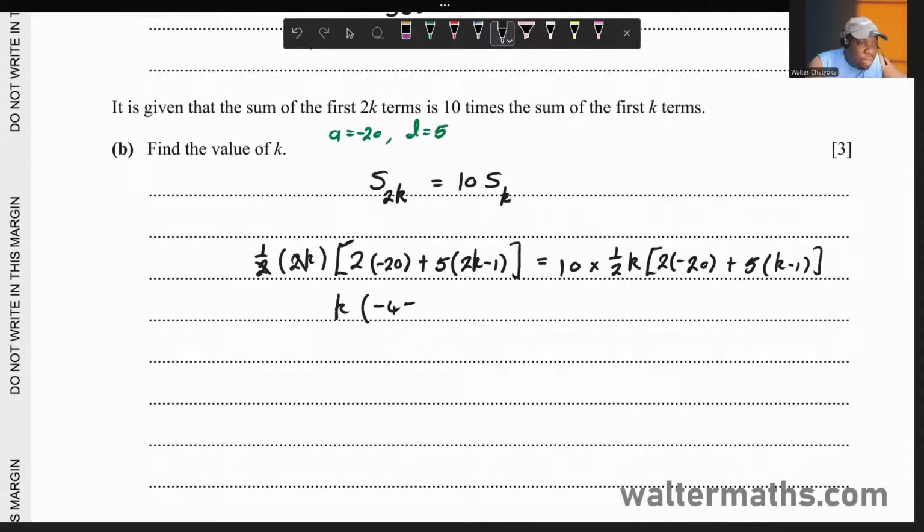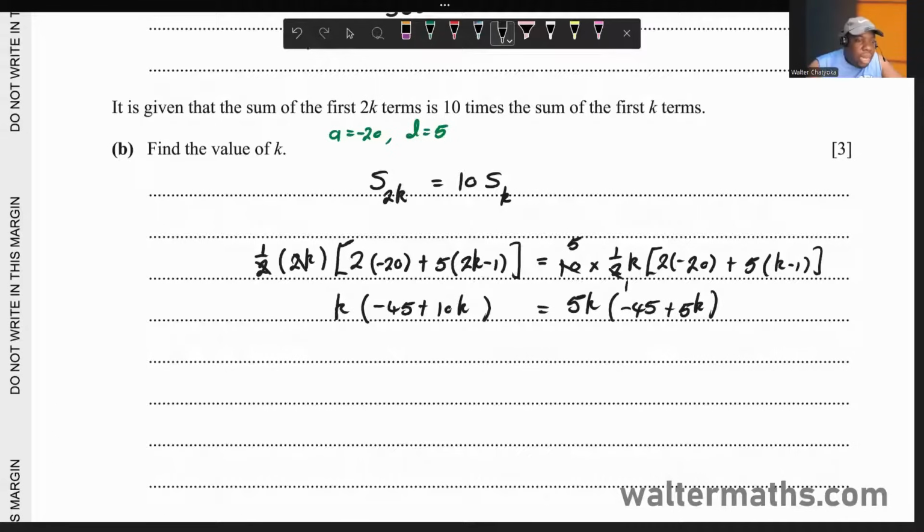So -45 + 10k, and it's equal to 5k here, since 2 goes into 10 five times, and that's of -40. And multiplying here it's -5. So it's again -45 + 5k.